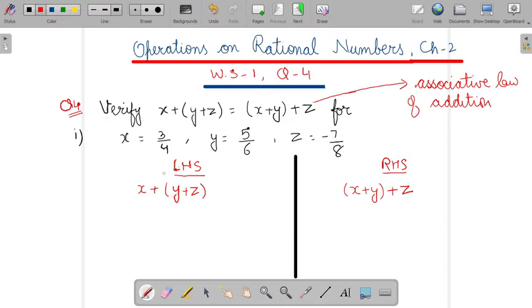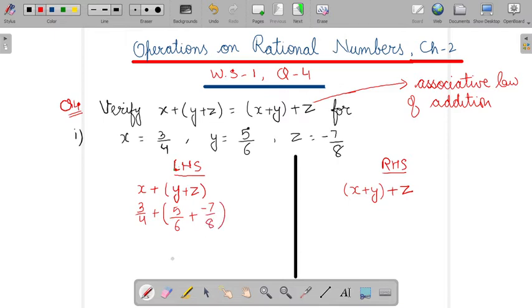Now we will substitute these values. Instead of x, we will write 3 upon 4 plus, and instead of y plus z, we will put its value: y equals 5 upon 6 plus z is minus 7 upon 8.